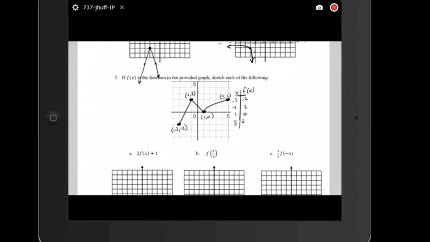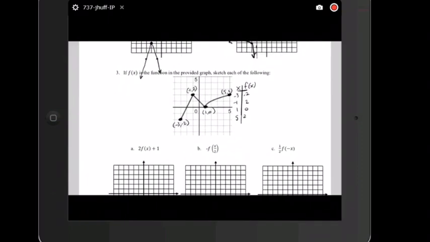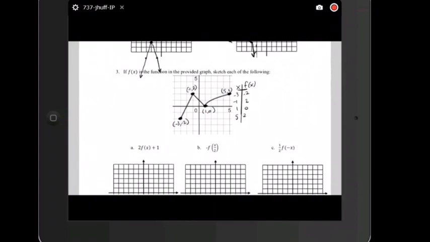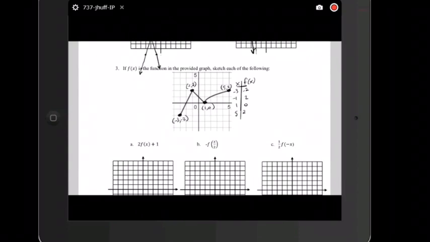So for part A, we have these transformations, 2 times f of x plus 1. So all of the y values, because f of x is the same thing as y, are going to be multiplied by 2 and then add 1.